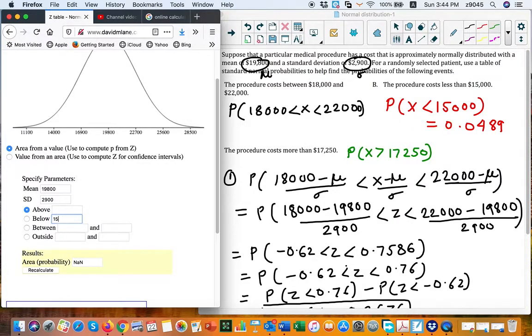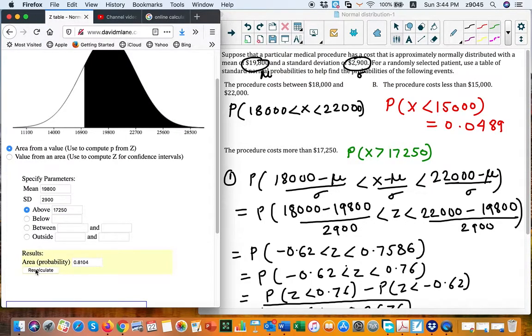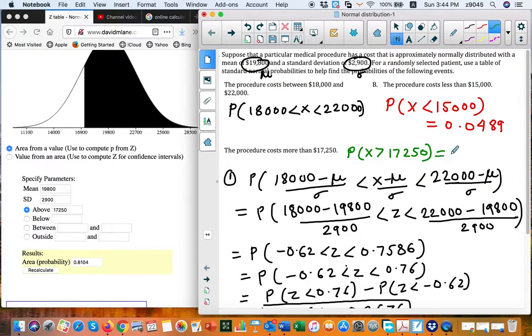I'm going to remove this part, above 17,250. 0.8104. So this is going to be 0.8104 is the area.